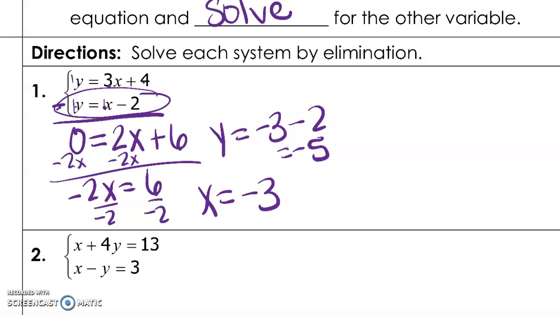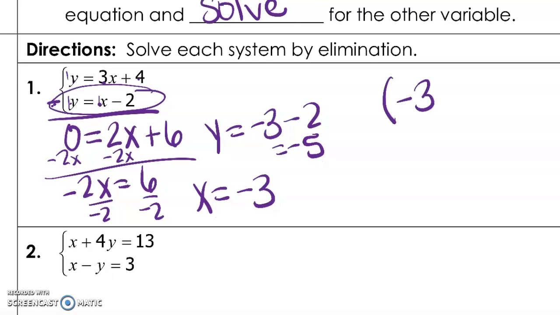Then remember, you need to write your answer as an ordered pair, x then y. So negative 3, negative 5 is your final answer. Again, plug negative 3 in for both x's and negative 5 in for both y's to make sure your answer actually works.